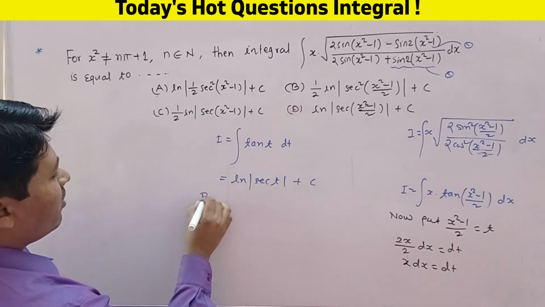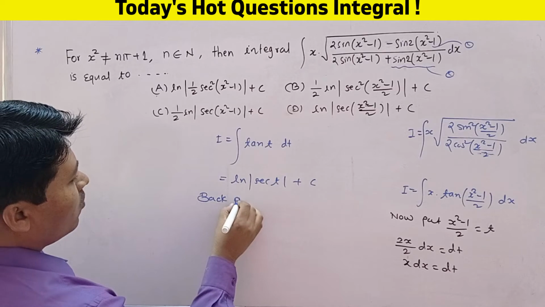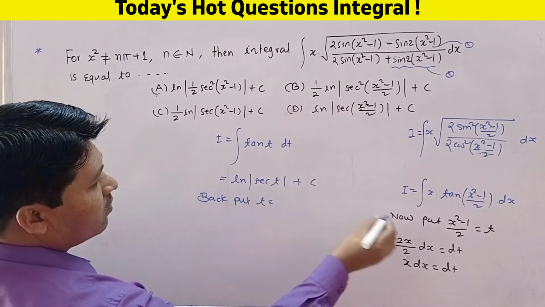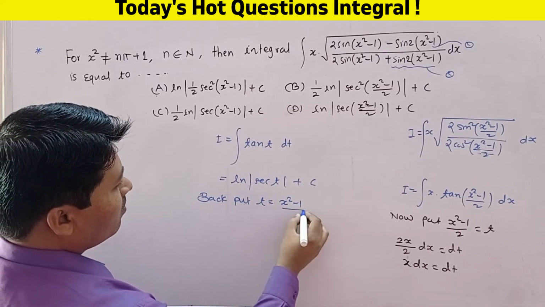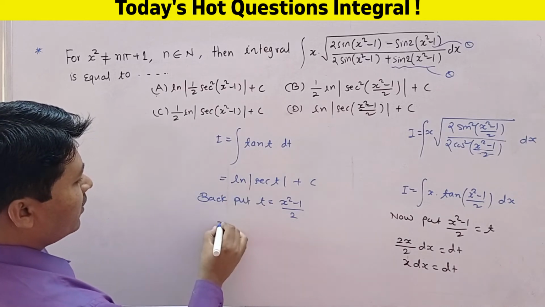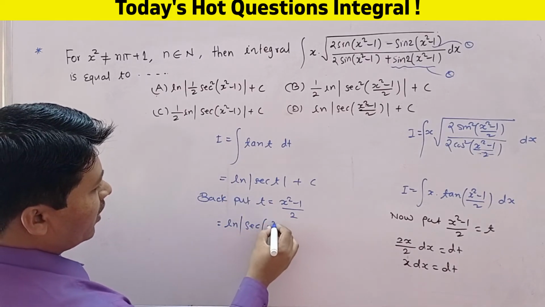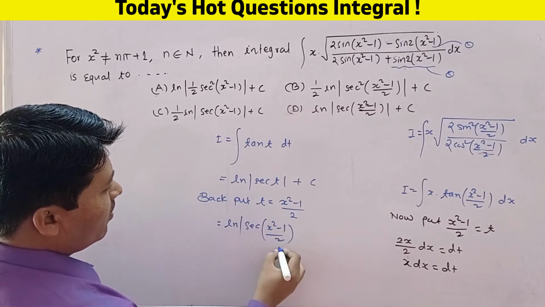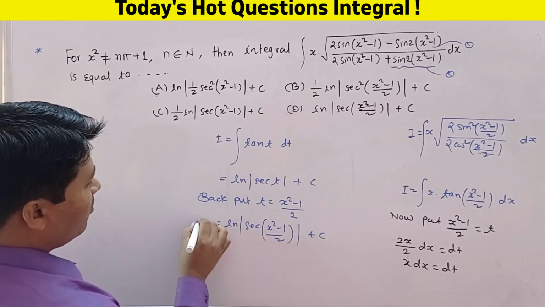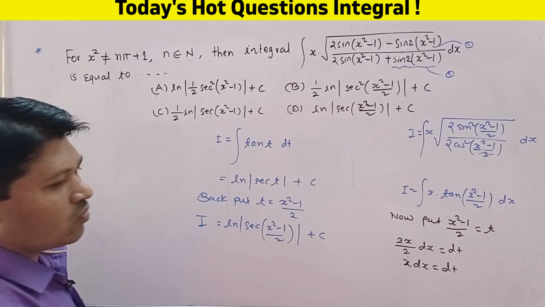Back-putting t equal to (x squared minus 1)/2, this becomes ln of sec((x squared minus 1)/2) plus c, and this is the solution for I.